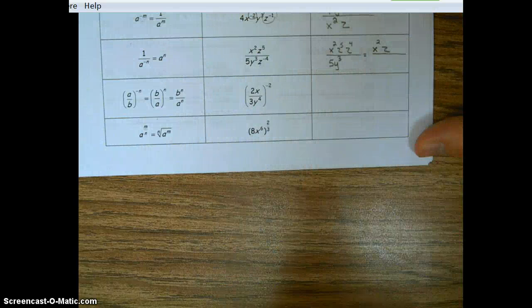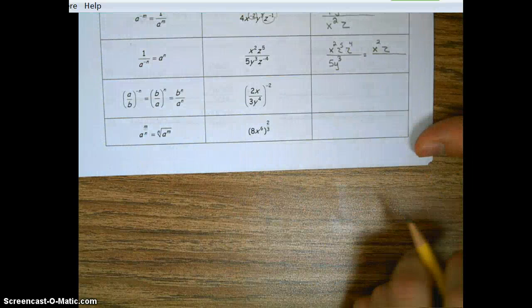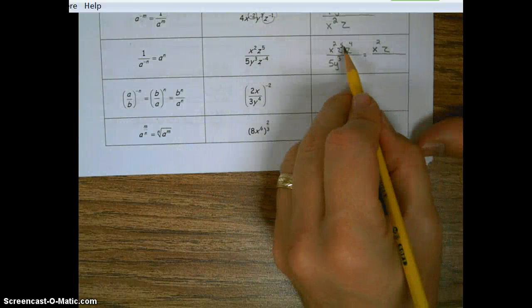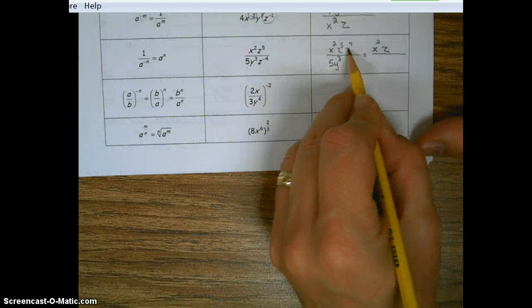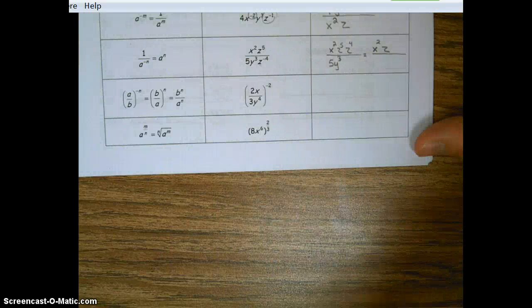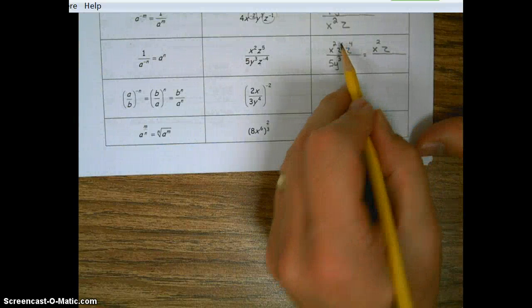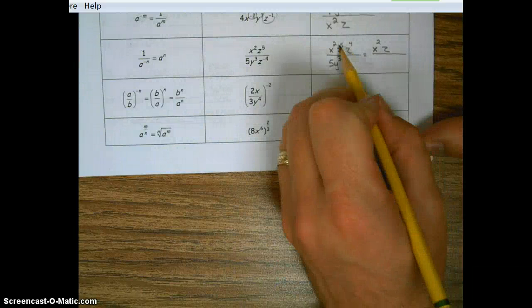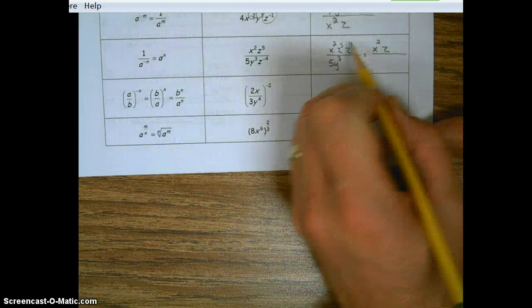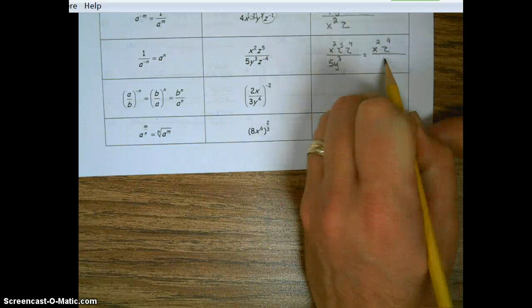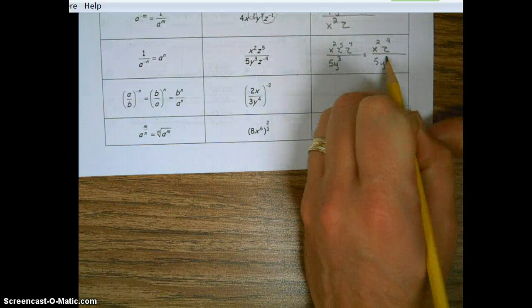I said x, didn't I? I'm sorry. Z. So multiplying like bases, do you remember what the rule is when multiplying? Yes. Good job. 5 plus 4, that's right, we add them. We get z to the 9th power over 5y cubed.